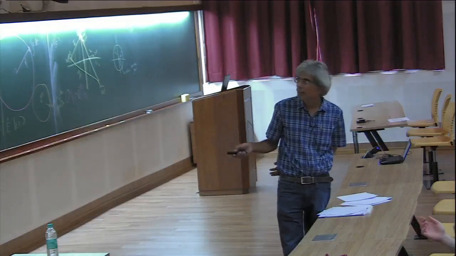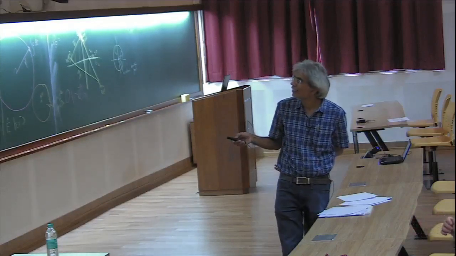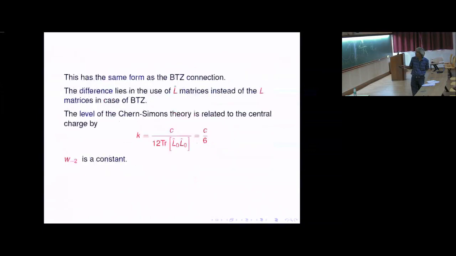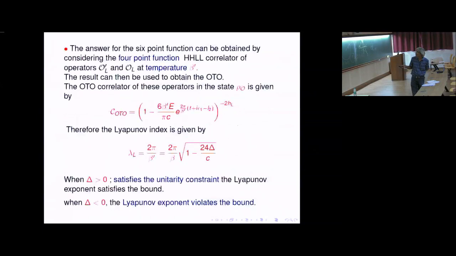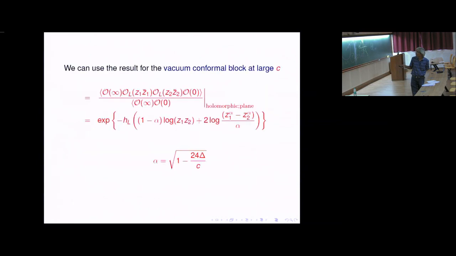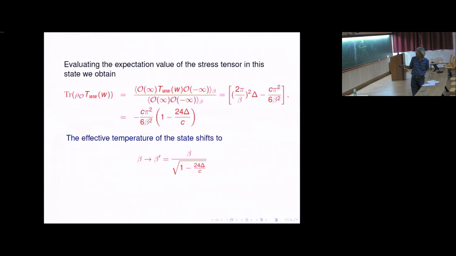Okay. Let me see the formula. Roughly speaking, this is the formula. This is sort of the original. Here's the shift. So beta prime is beta divided by this. You probably have to scale things in some way, but it seems morally like some generalization of ETH.